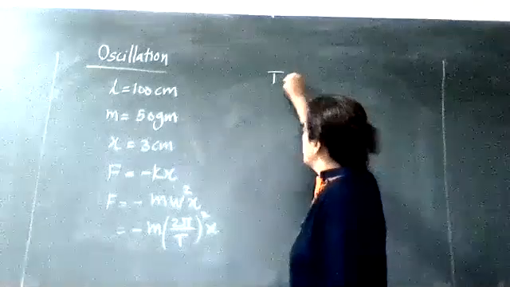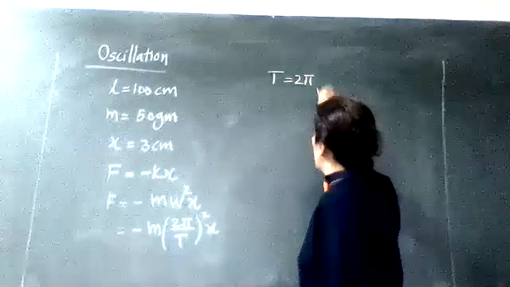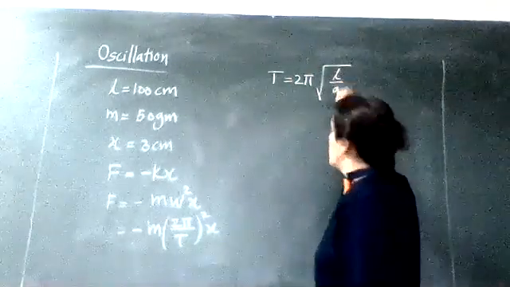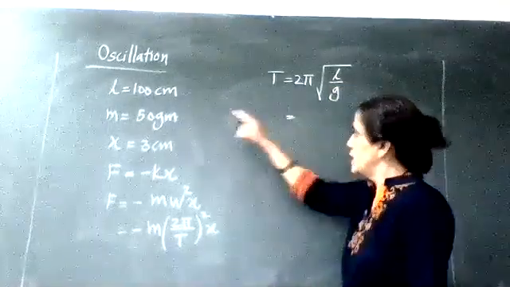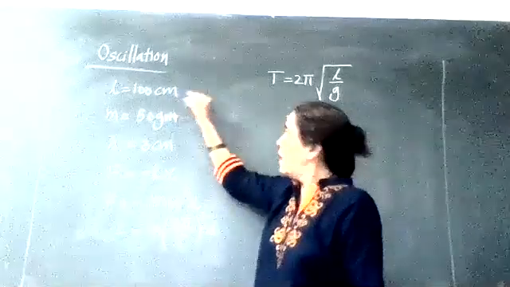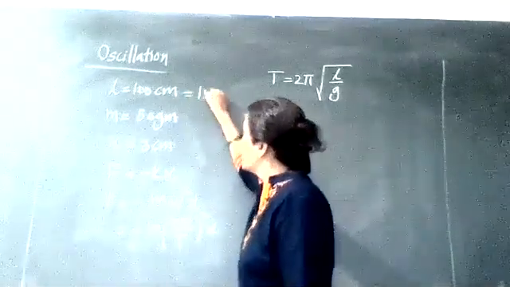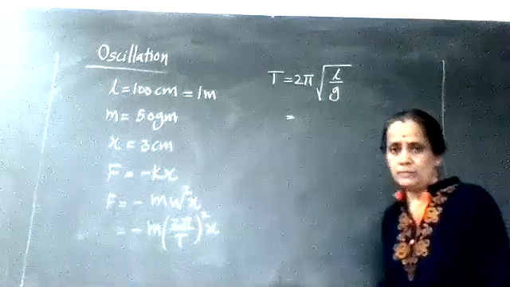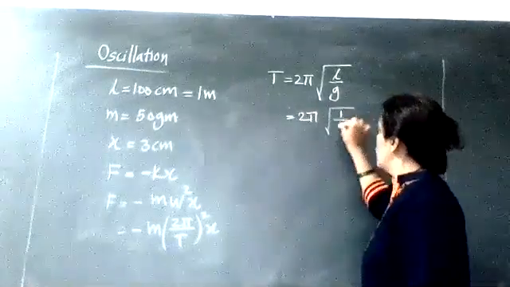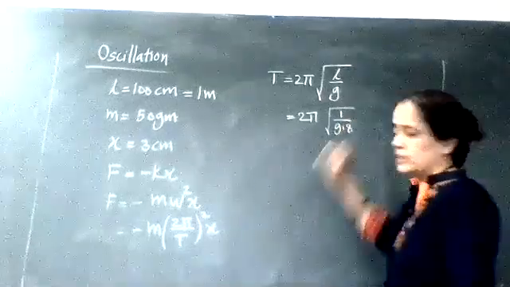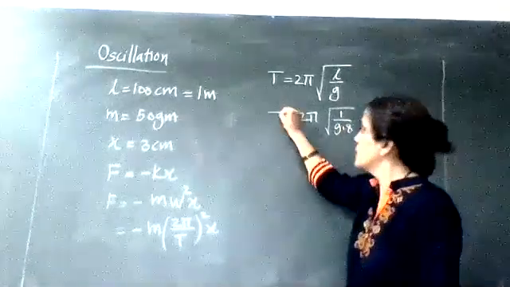So period of simple pendulum T is equal to 2 pi under root of L by g. And you are given that the value of L is 100 centimeter. 100 centimeter is equivalent to 1 meter. So I'll put that value: T is equal to 2 pi under root of 1 upon 9.8. This is the value of T.